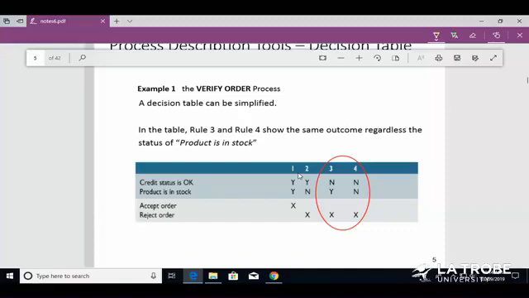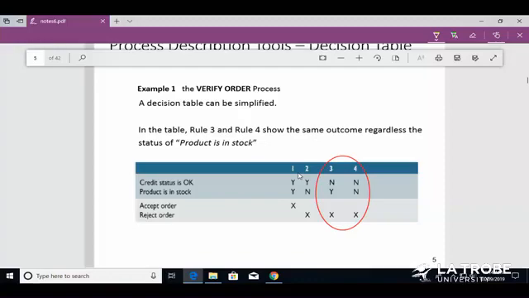It comes with many conditions. Let's take 4 conditions: 2 power 4, you will have 16 rules. So when we have 16 and more, we need to simplify that decision table to make it simple, to make it understood by everyone.